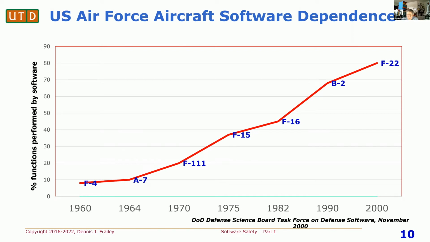I don't have a more recent graph, but you can see how much has changed since the 1960s, when there was almost no software. In fact, I remember those days because that's when I got involved with software, and the computers they had on airplanes were so heavy they could do so little. I mean, they had a computer about the size of a refrigerator that could do less than your smartphone.